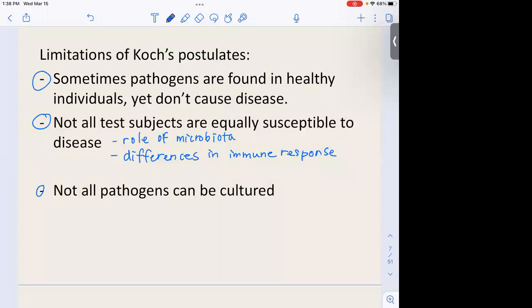Viruses have to be cultured a lot differently. You might be trying to discover the cause of a disease that is not even infectious. So, right, something like diabetes or whatever, it could be something that's genetic. Okay, so there are definitely limitations to Koch's postulates.